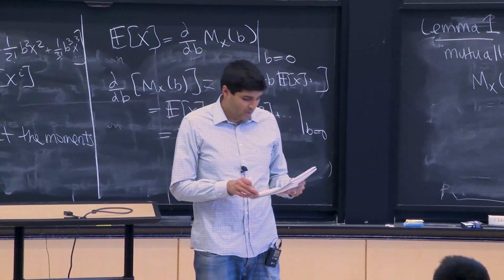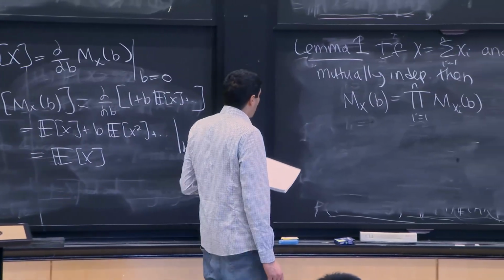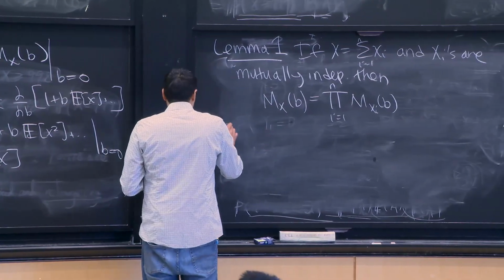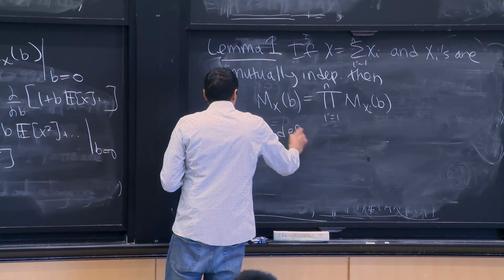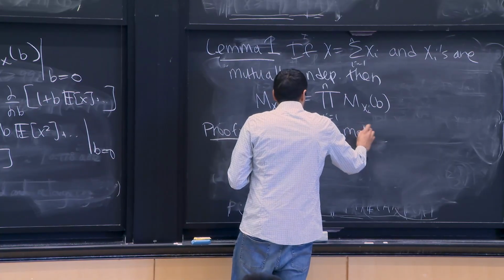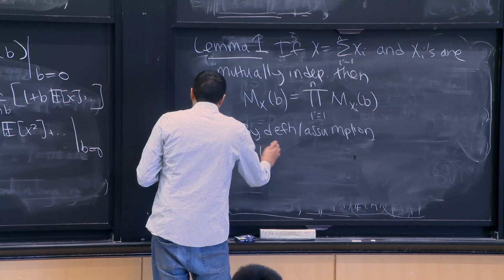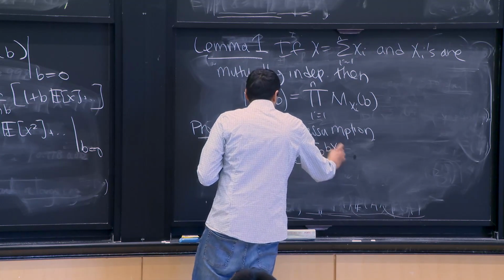No? Okay. All right. So the proof for this is very simple. It's just about unpacking what's happening in this definition. So by definition and our assumption, we just have to remember what the moment generating function is. So M_x(b) is defined to be the expectation of e to the bx.